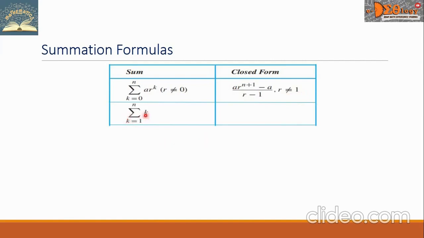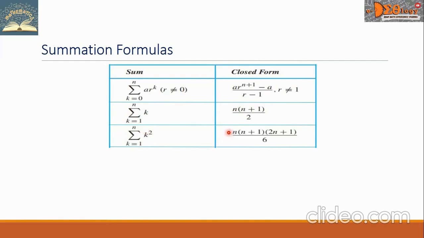Next, summation of k, where k equals 1 up to n. The value is n times the quantity n plus 1, all over 2. Next, summation of k square, where k equals 1 up to n.